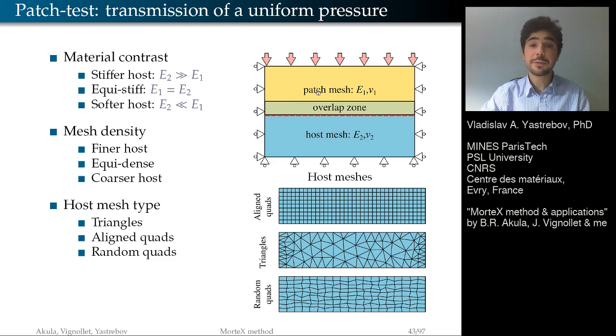We will consider different stiffness contrast between patch and the host, so stiffer host, softer host, or the same stiffness. We'll study different mesh density on the host and the patch, and different types of mesh will be used for the host mesh: aligned quads, triangles, and random quads, just perturbed quads.